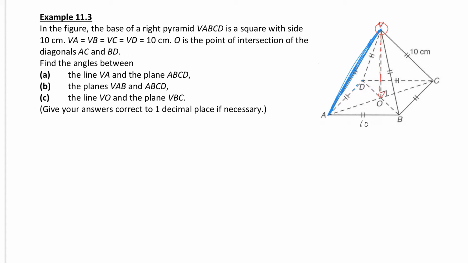So the projection is point O. After that, you know the projection of VA on the plane ABCD is AO. That means the angle between line VA and ABCD is VAO. So step 1, you need to identify the required angle. It is angle VAO.